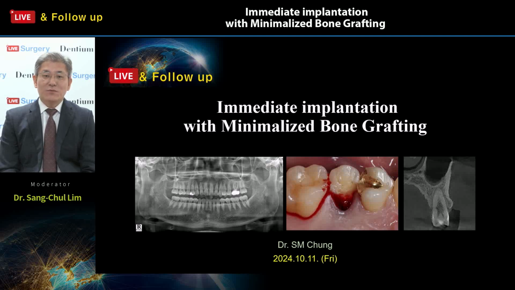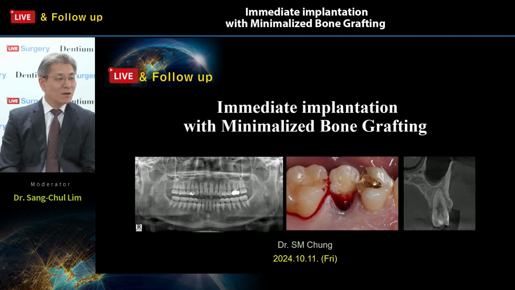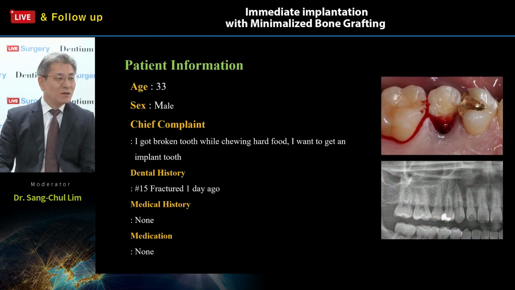We are going to do a brief review before moving on to the surgery. Okay, let's take a look at today's case. Today's theme is immediate implantation with minimized bone grafting, as I said. About the patient information: a 33-year-old male patient.